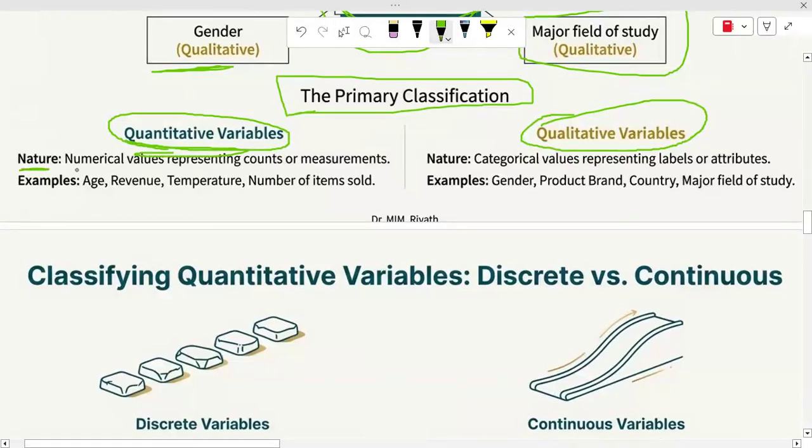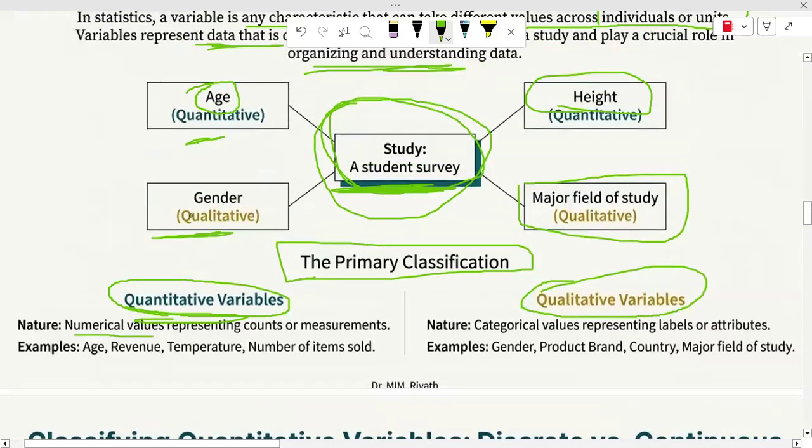The nature of quantitative variables is numerical values. When I talk about your age in number, your height, your weight, how many hours you spend, how many students in your class, those are quantitative variables: numerical values representing counts or measurements.